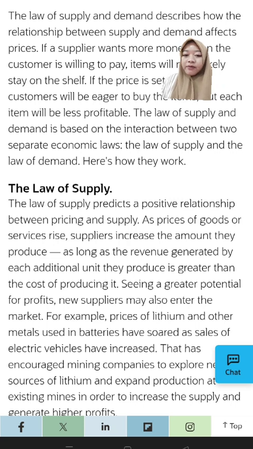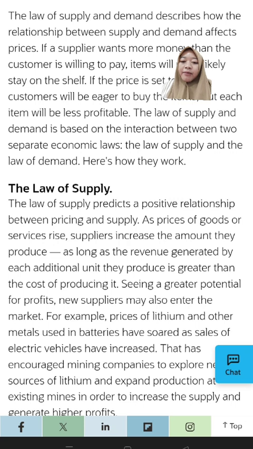As the price of goods or services rises, suppliers increase the amount they produce, as long as the revenue generated by each additional unit they produce is greater than the cost of producing it. Seeing a greater potential for profit, new suppliers may also enter the market.